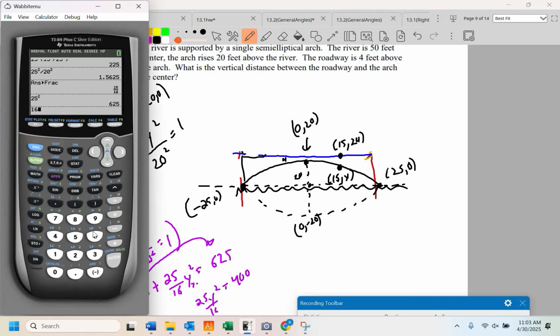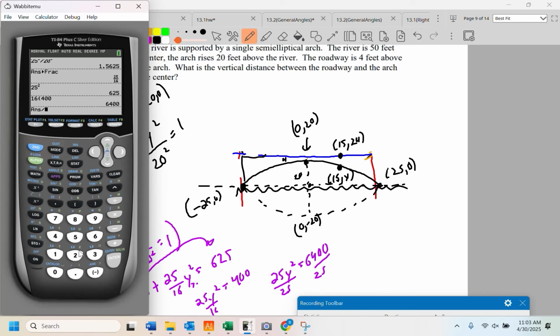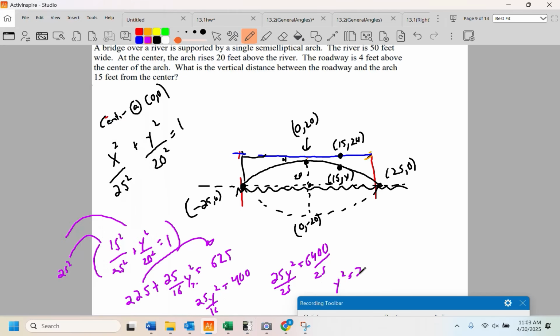So then I can multiply both sides by 16, and I'll get 6,400. 25y squared equals 6,400. And lastly, divide out the 25. I appreciate that the author of this question chose things that give you nice numbers, and I get 256. y squared is 256. So y is going to be plus or minus 16.